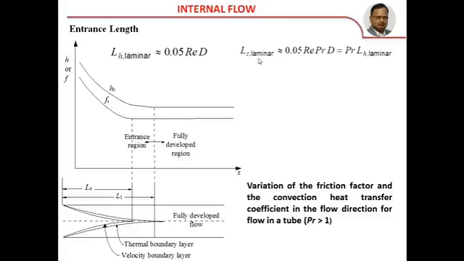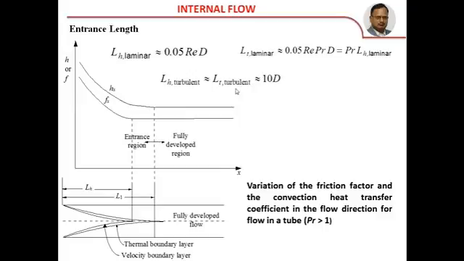The entrance length for laminar flow is given by the formula 0.05 times Reynolds number times diameter of the tube. And the thermal entrance length in laminar flow is multiplied with the Prandtl number. That is the reason why, when Prandtl number is greater than 1, thermal entrance length is greater than hydrodynamic entrance length. You can see here thermal entrance length up to this, hydrodynamic entrance length up to this only.